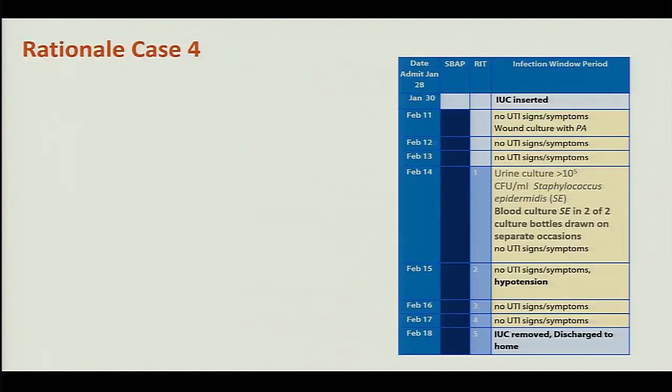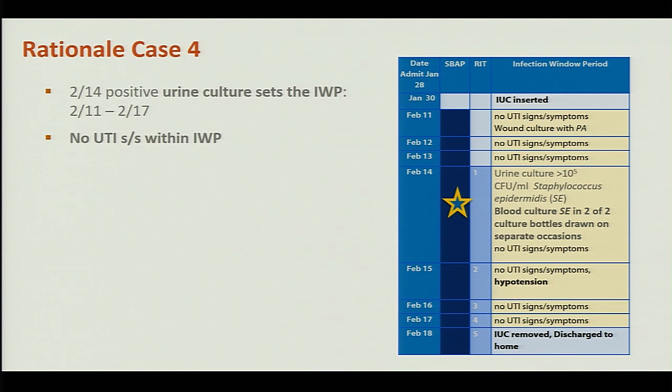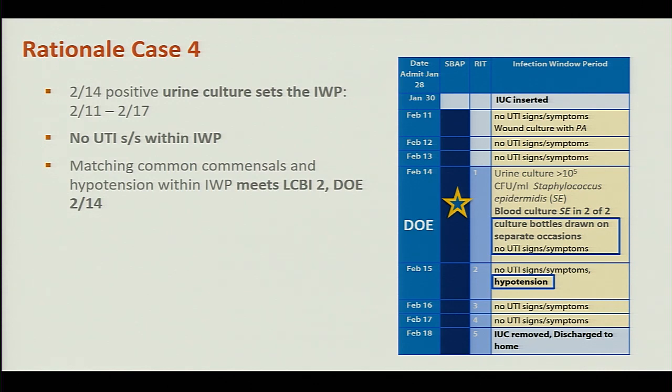So let's look at the rationale. 2/14, positive urine culture sets the IWP at 2/11 through 2/17. We've got no UTI signs within the IWP. We do have a blood culture that's positive, but it's an LCBI 2.